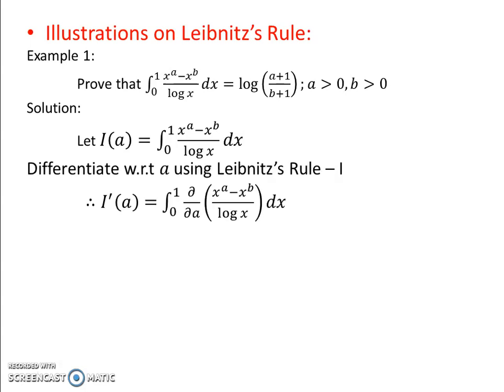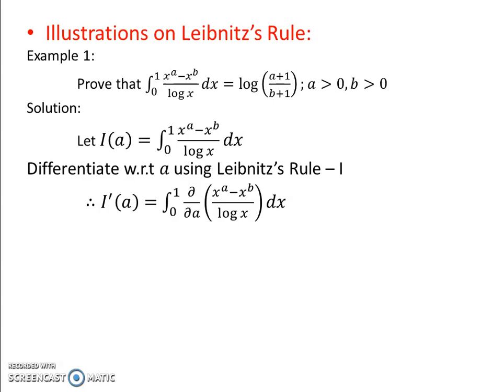So we get I dash of a. As the left hand side contains only one variable a, the differentiation will be ordinary, I dash of a, or it is also given by dI upon da. Using the first Leibniz rule, we get integration 0 to 1 of del by del a of (x raised to a minus x raised to b) upon log x dx.